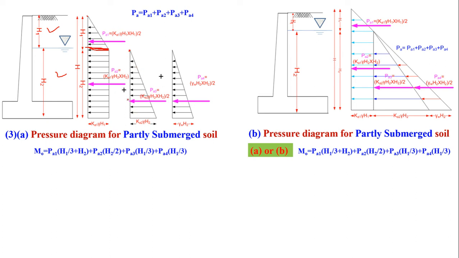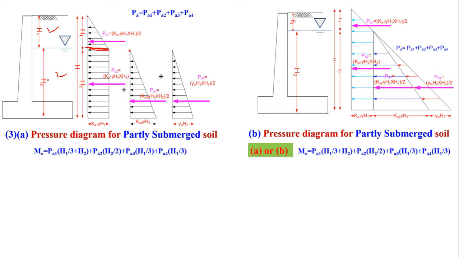From this we get the magnitude of force for the pressure below the submerged level, which is K2 into gamma into H2. So this is the intensity. How do we get the force? It is the area of this triangle, half K2 gamma into H2.